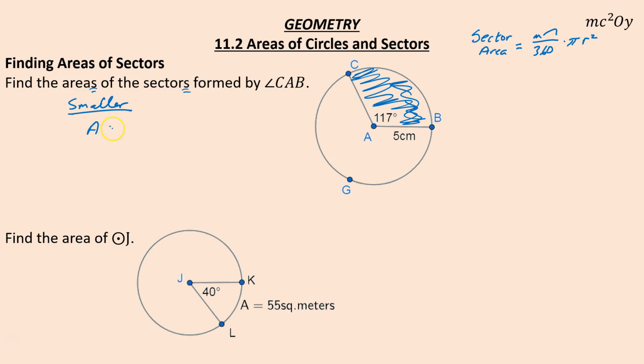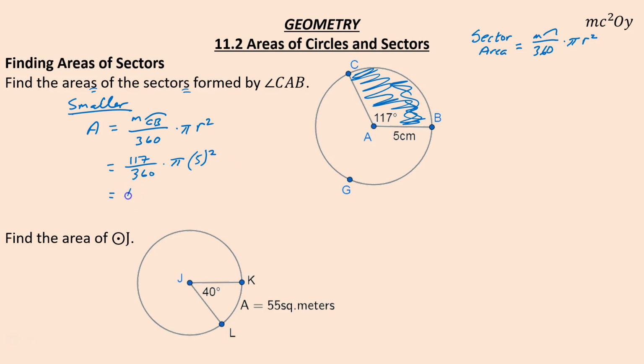So I'll just label it as smaller here for now. The area is equal to the measure of arc CB over 360 times the area of the circle, or pi r squared. So that's going to be 117, the measure of arc CB, which is equal to the central angle, over 360 times pi, and then r is 5 squared.